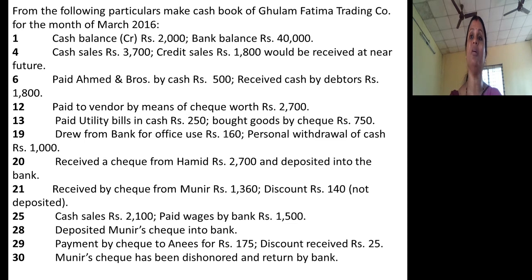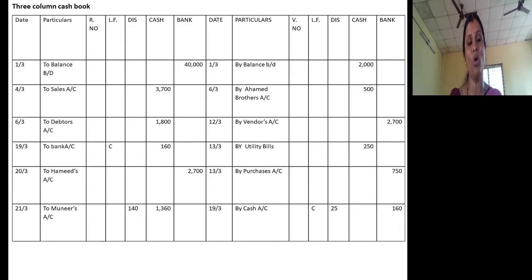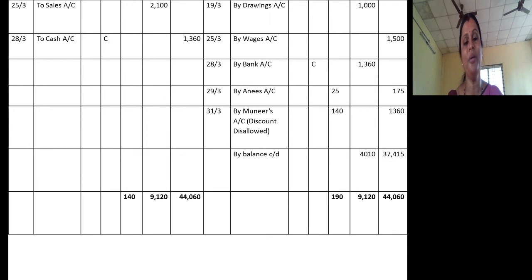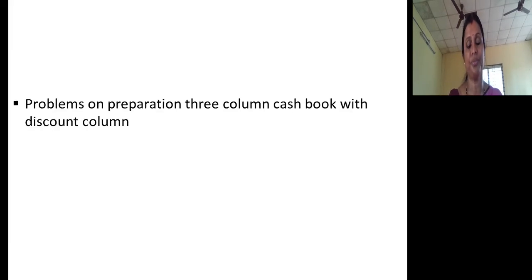So it will appear on both sides of the cash book, once in the bank column, other side in the cash column. So it results in a contra entry. You just see how I recorded. So by bank 1360, bank account debit to cash. So to cash in bank column 1360, and I have mentioned already contra entry. Try to understand.